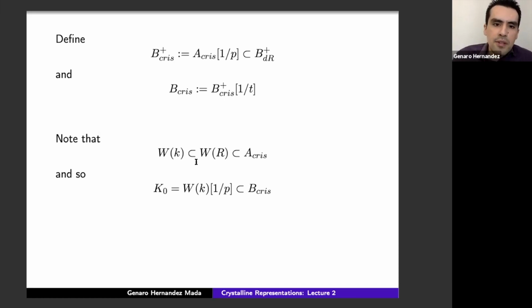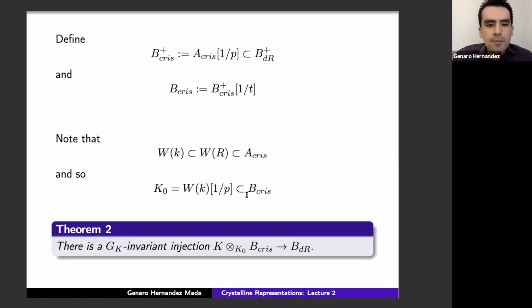That's just because of the definition and because of this. And so we have this theorem that we have an injection of the tensor product of B_cris with K over K_0 inside B_dR. And that's actually G_K-invariant, okay?